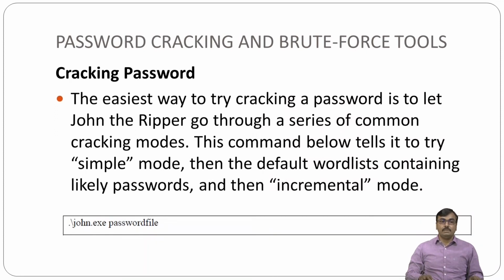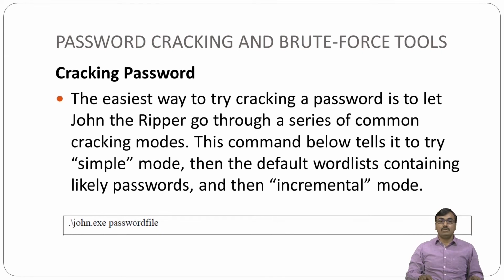How to crack the password using the JTR tool? We can see that in the terminal we have to provide john.exe, or we can simply enter john, then provide the password file. The easiest way to try cracking a password is to let JTR go through a series of common cracking modes, which are single, word list and incremental.